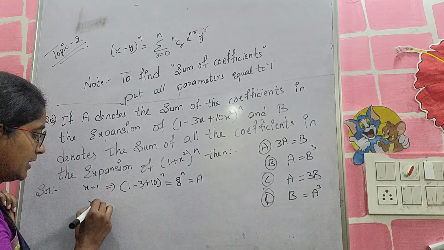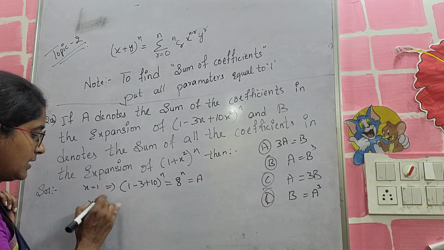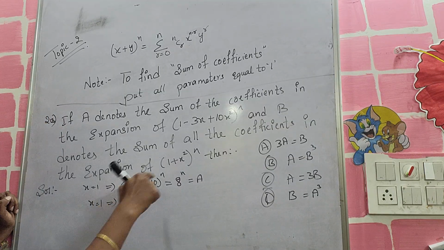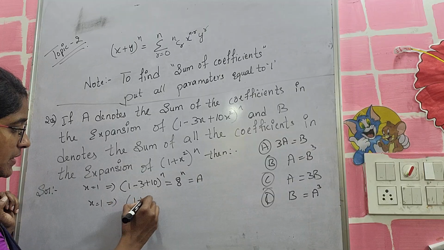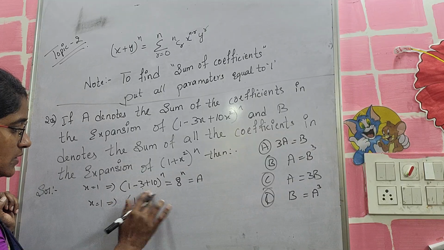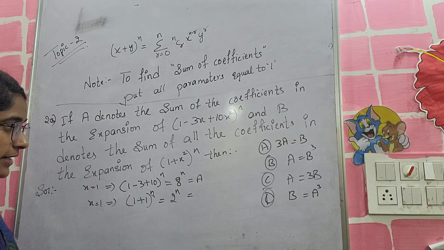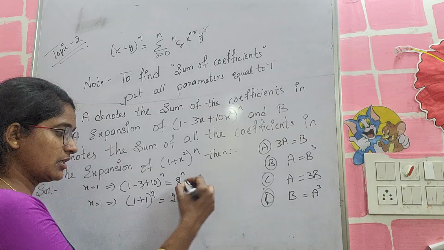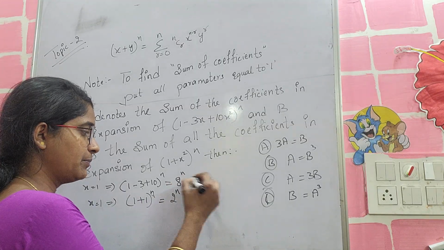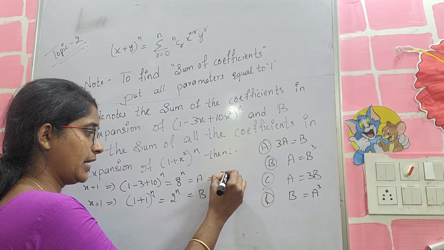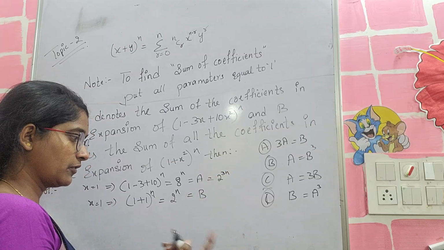Then if I keep 1 in the next equation, what am I going to get? 1 plus 1 square is 2 only, whole power of n, is 2 power of n, right? That is b. So what is the relation between these two? So 8 power of n, I can write it as 2 power of 3n.